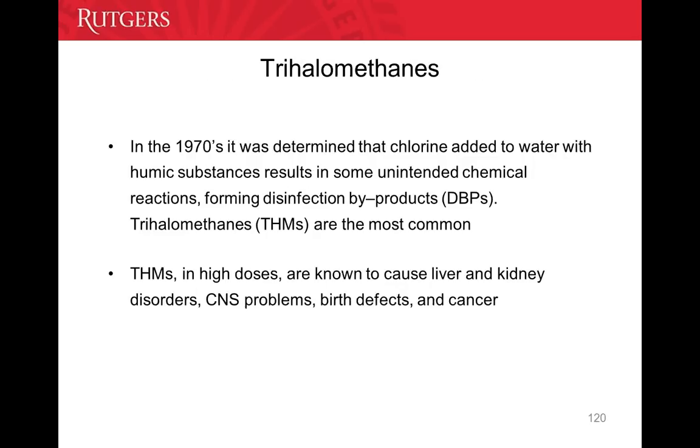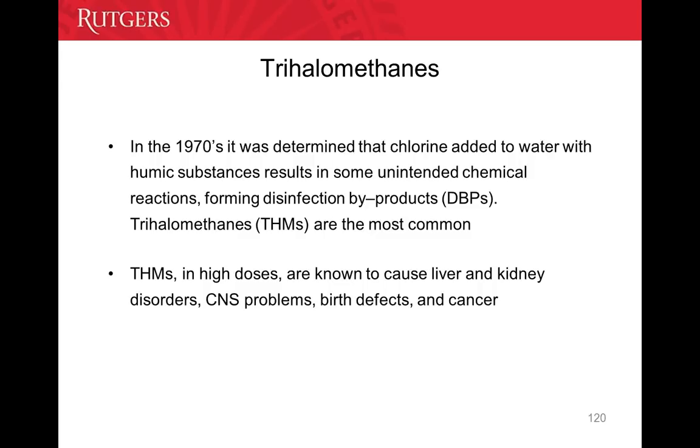The trihalomethanes are worth discussing. In the 1970s, it was determined that chlorine added to water that has humic substances would produce some unintended chemical reactions, forming what we call DBPs, disinfection byproducts. The major DBP is a THM, trihalomethanes.